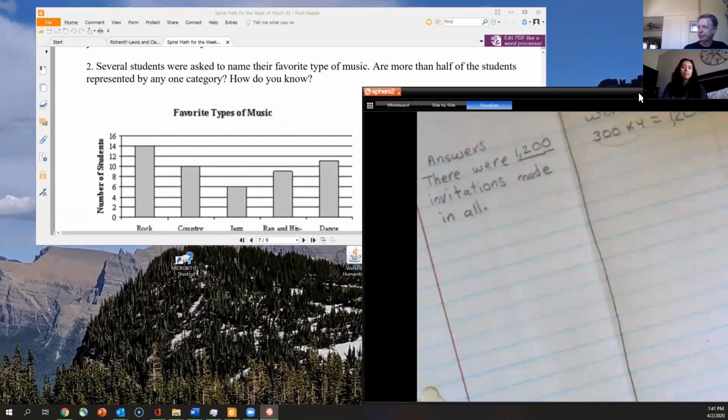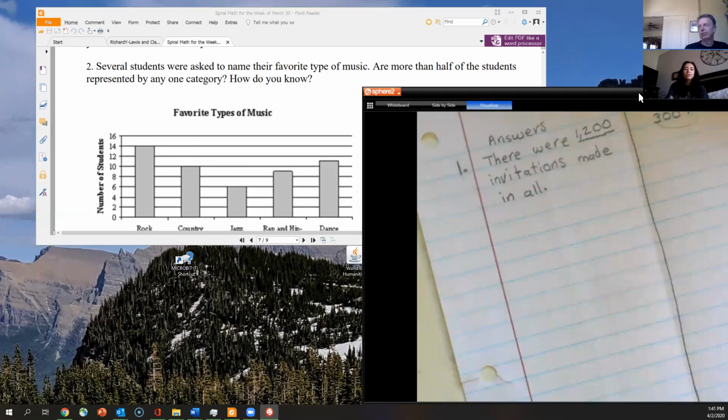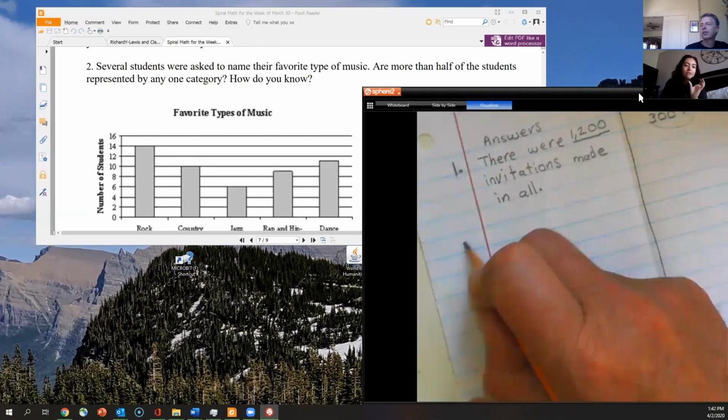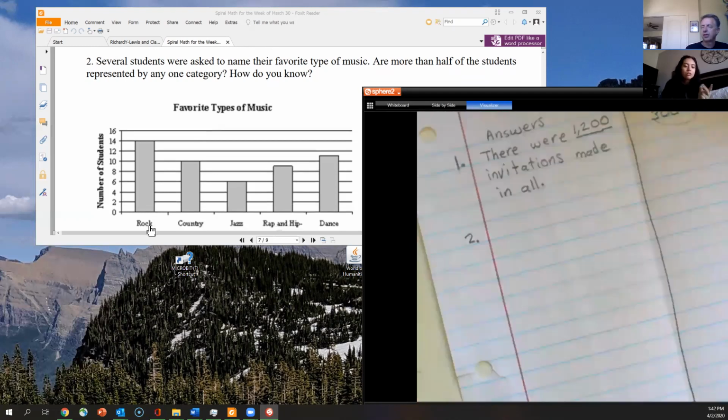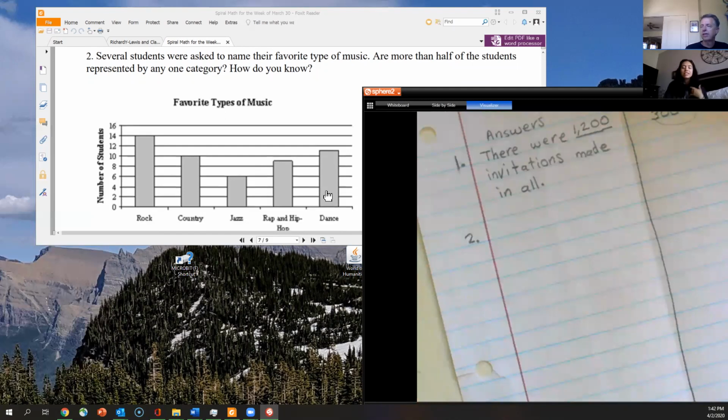Okay, so what I did first was, because I couldn't really make my answer sentence quite yet because I had to figure out the problem. So I looked and saw the value of how many students were in each category of music. There's rock, country, jazz, rap and hip hop, and the last one says dance.